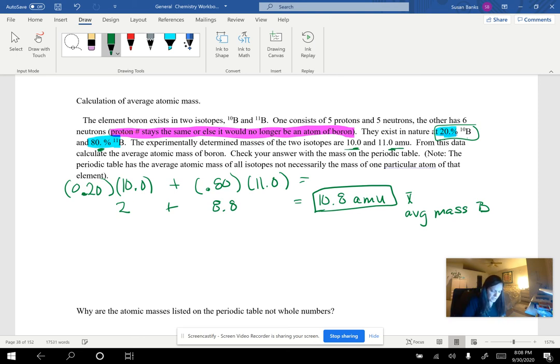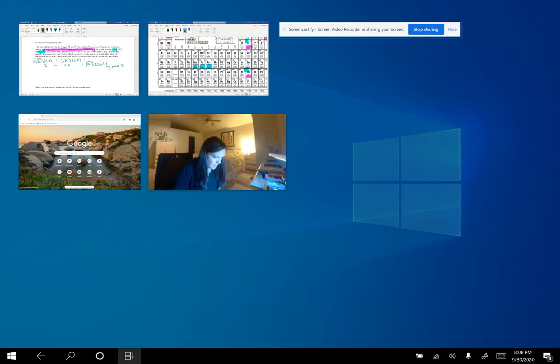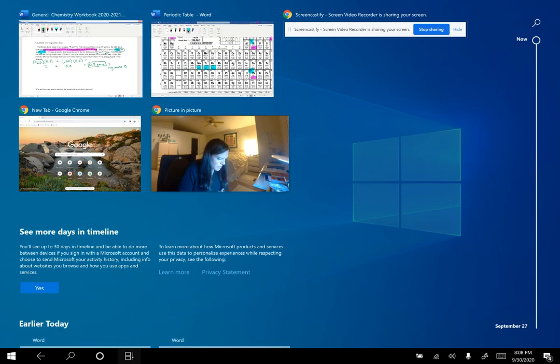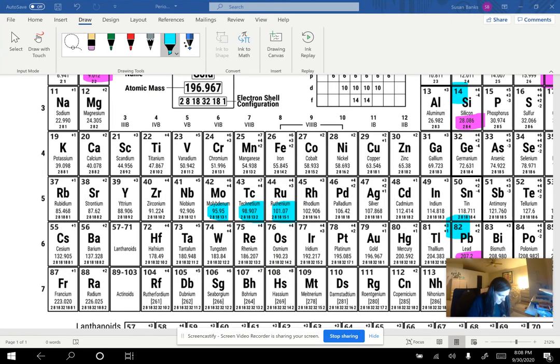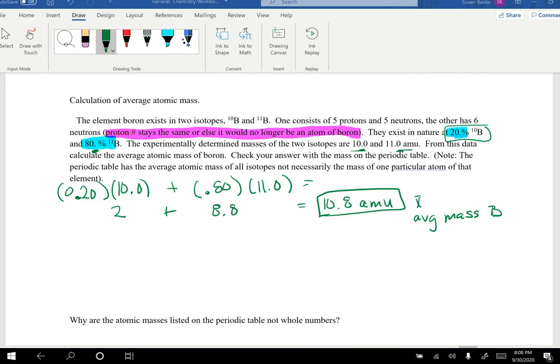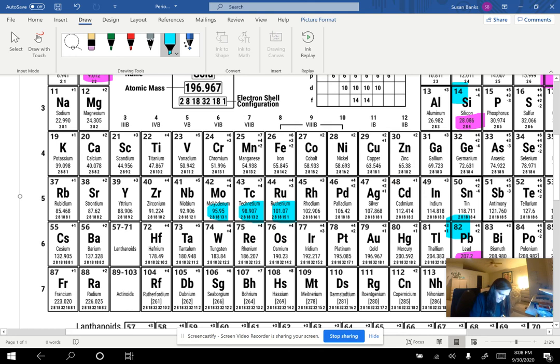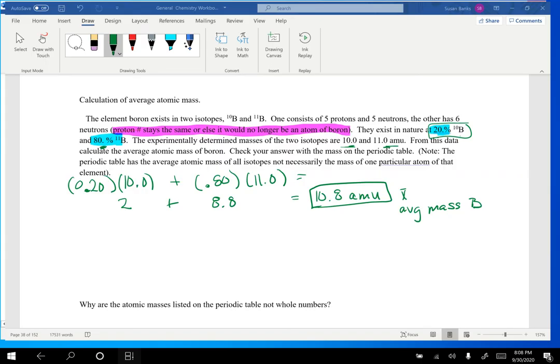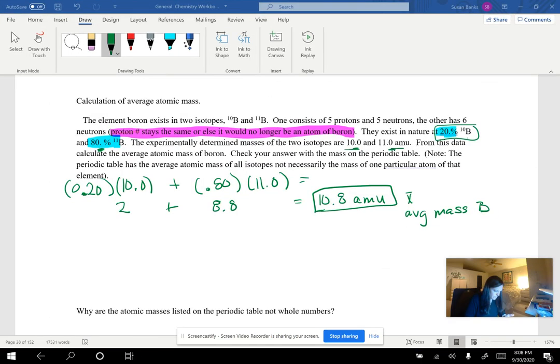So if I look on the periodic table, should we see how close we get? Let's look. So if I look at boron, oh my. It's not going to let me look at boron. It is about 10.2. So I do come really close.